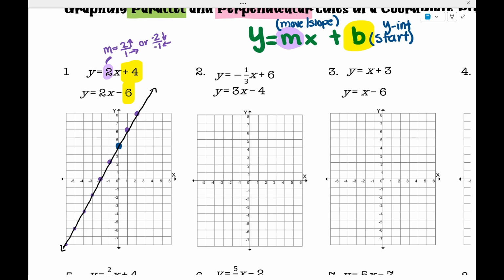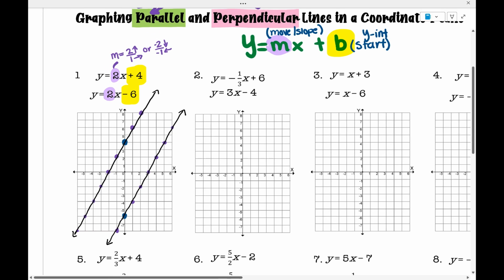And we're going to apply the same strategy for the second equation. Our starting point for the second one is -6. Our slope is also 2, so we'll follow the same pattern as the first line.